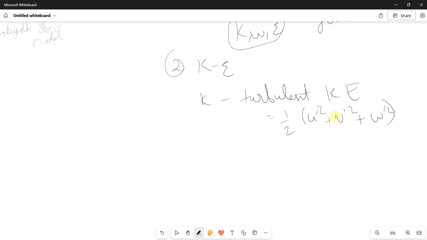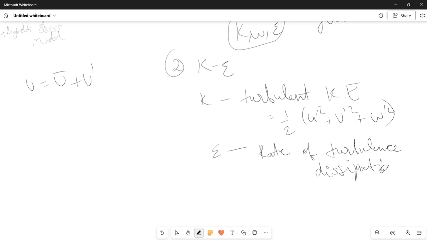The dash is the turbulent part after splitting, so u equals u mean plus u dash. These are the turbulent velocities, and half the sum of their squares gives you your turbulent kinetic energy. Now let's take epsilon. Epsilon is the rate of turbulence dissipation.